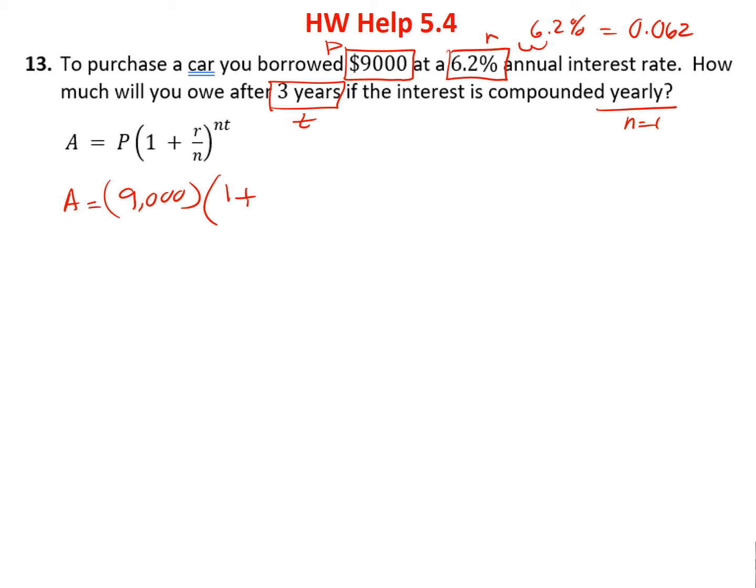So we're going to have 0.062 divided by 1, and that's going to be 1 times 3. So to simplify things here, I have 9,000 times 1.062 to the third.